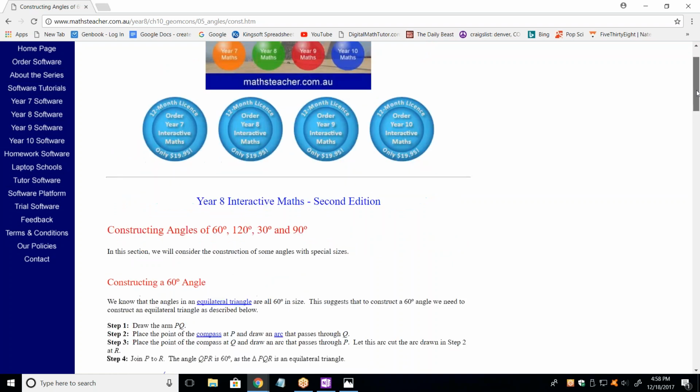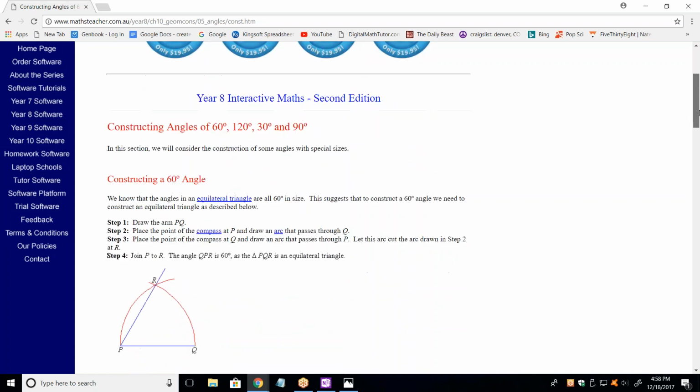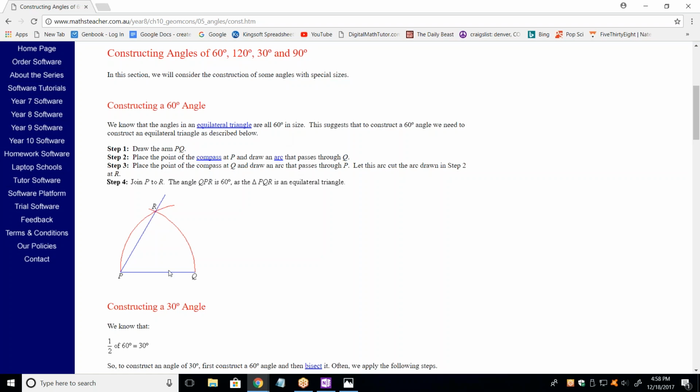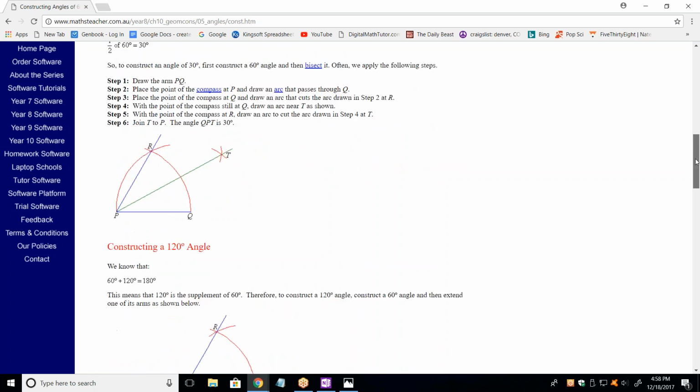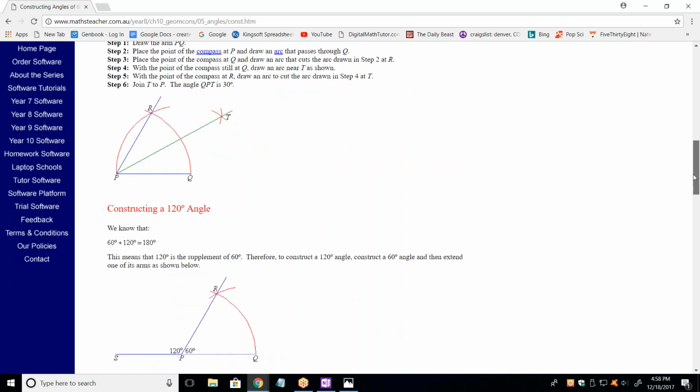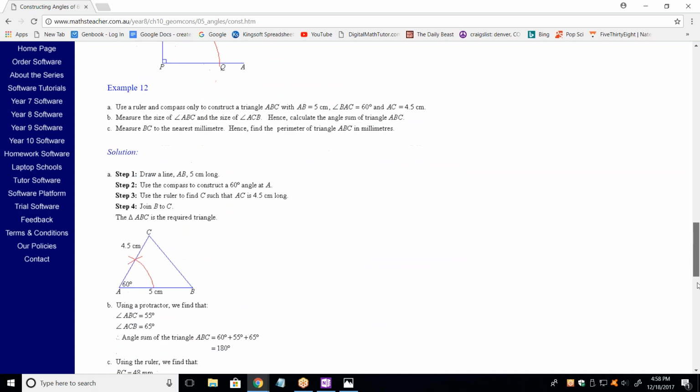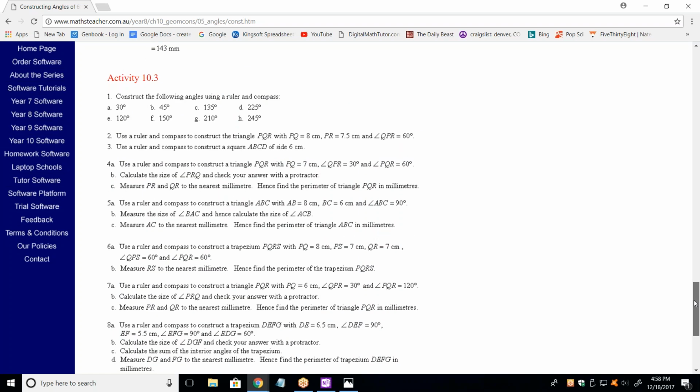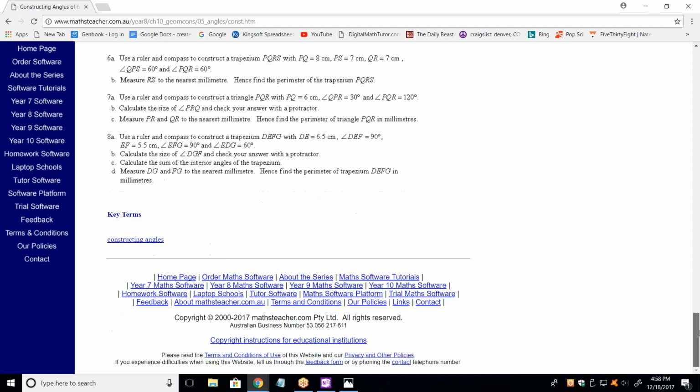So when I was looking how to construct a 30, I start with an equilateral triangle. And once I have an equilateral triangle, I can bisect one of the angles, and that's 30. So this page here is pretty good for constructing 30, 60, 45, 90, all of your really common angles.